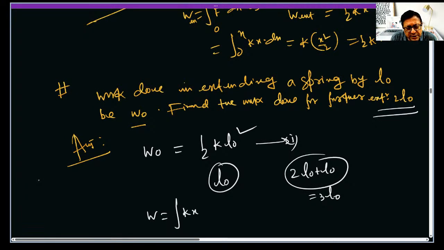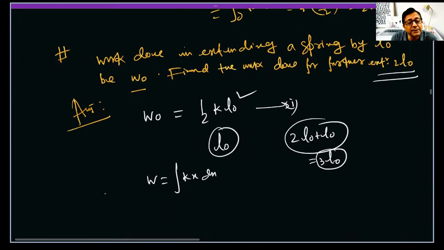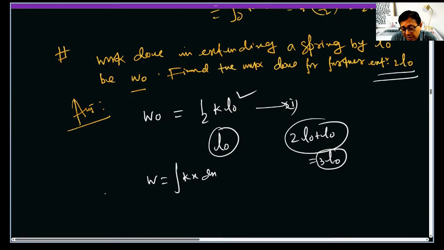W equal to integration of kx dx. L0 is the initial extension, 3L0 is the final extension. So lower limit and upper limit will be according to this consideration. Lower limit is the initial moment, upper is the final moment. So it will be L0 to 3L0.